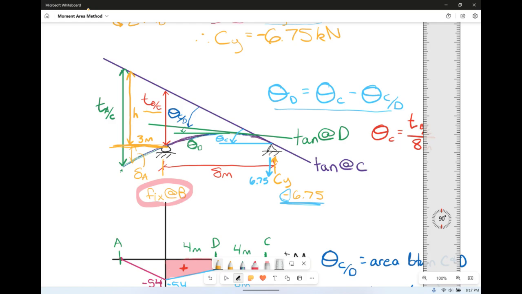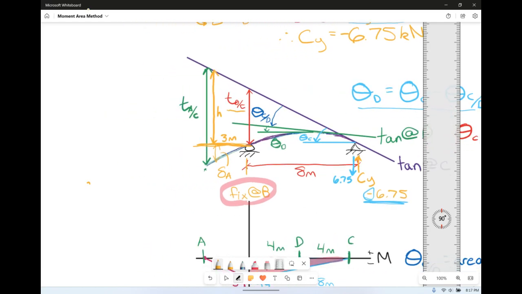If I want to write it out, the deflection of A is going to equal the vertical deviation of A with respect to C minus H. And H we need to find by similar triangles.